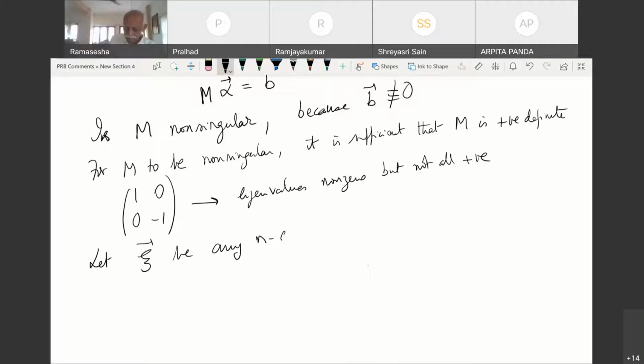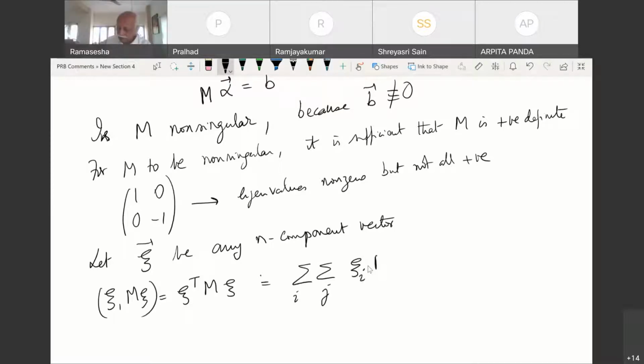What we want to show is that psi transpose M psi, which is equal to sigma over i, sigma over j, psi i, M ij, psi j.